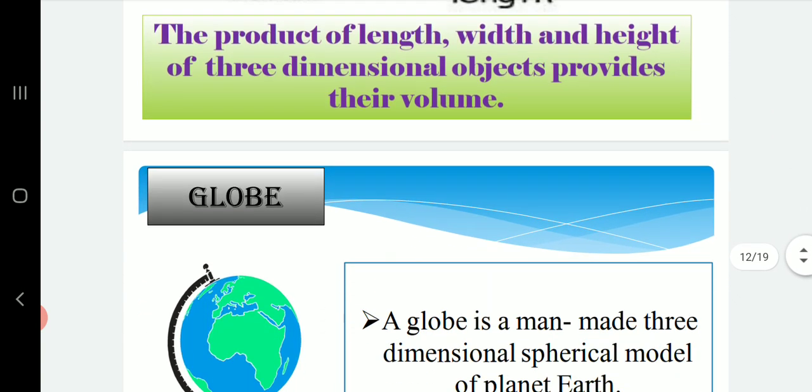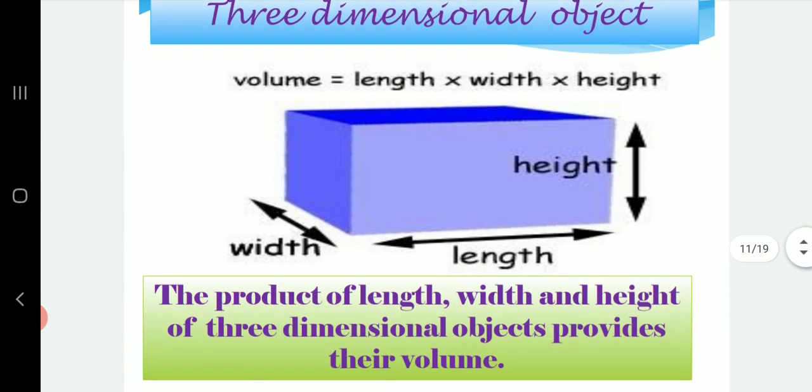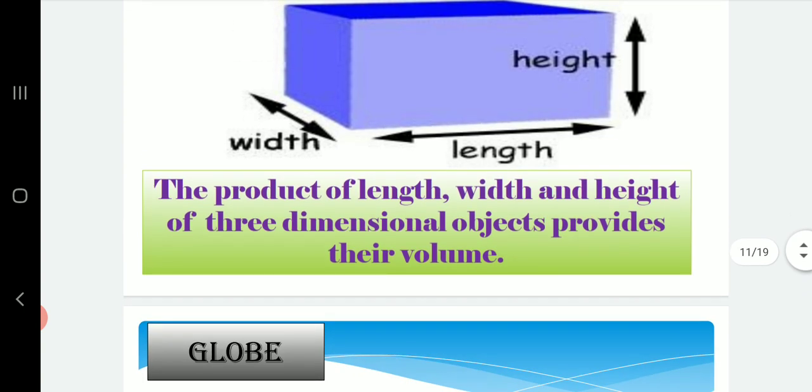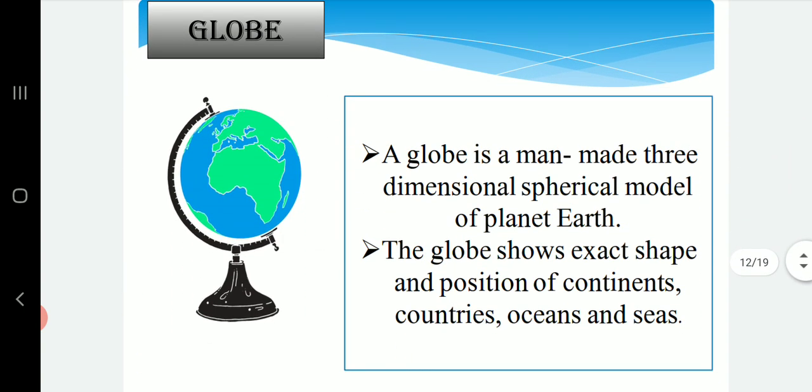Now we are going to see the next topic, that is the globe. Now tell me, a globe is man-made, right? And we have only just learned the 3D object. Now tell me, is this object a 2D or 3D object or model?